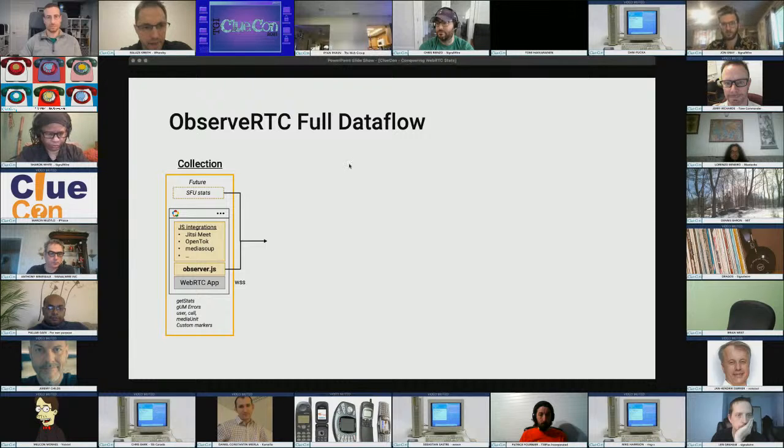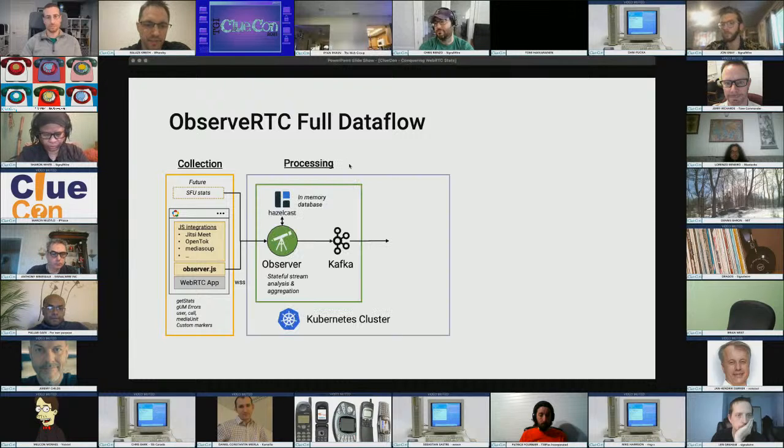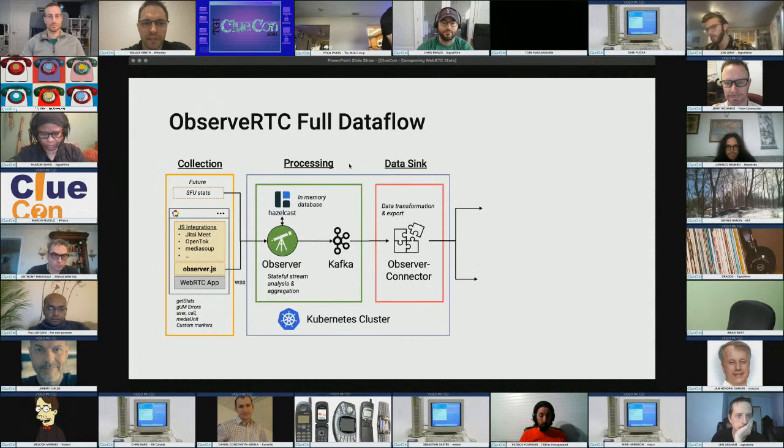The observer is running in a Kubernetes cluster right now, demultiplexing the sample and then exposing metrics to Prometheus and forwarding the demultiplexed samples into Kafka, where from Kafka, an application called Observer Connector consumes it, forwarding it to the integrated data warehouse.